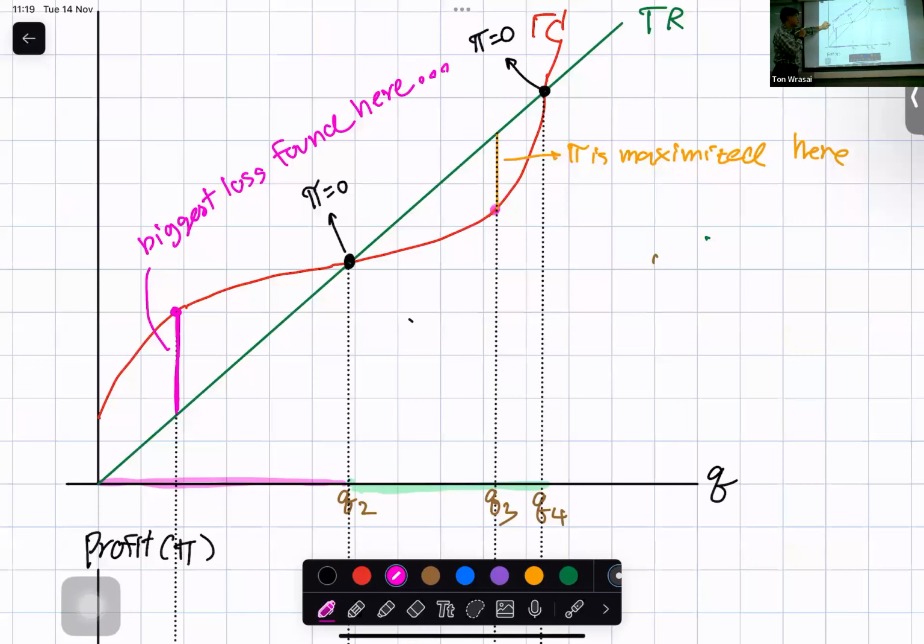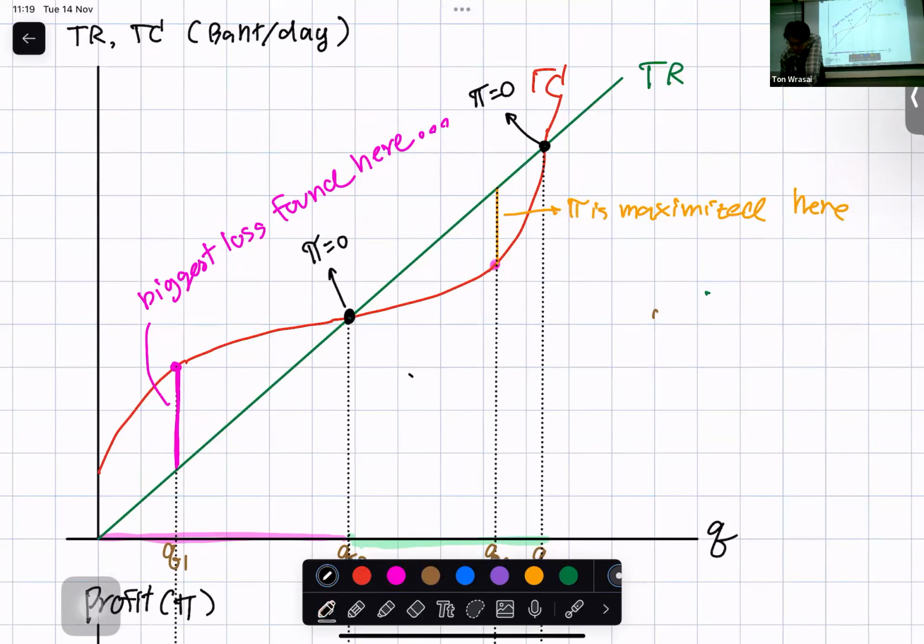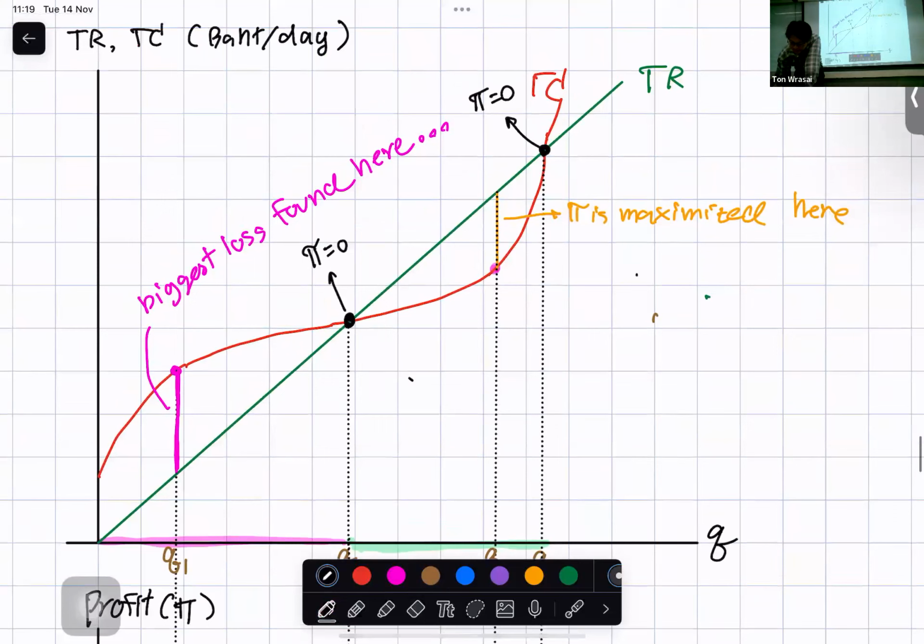Biggest loss found here at Q1. Let's summarize what's going on here. At Q1, biggest loss.